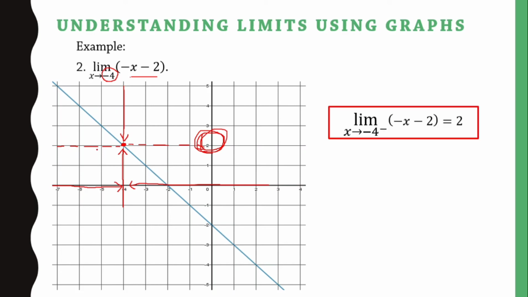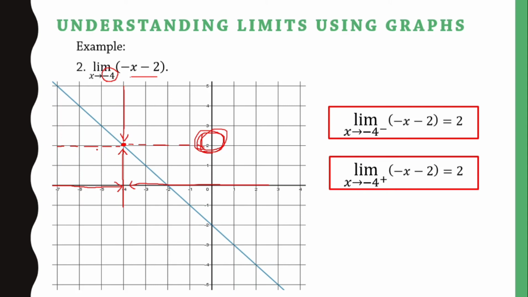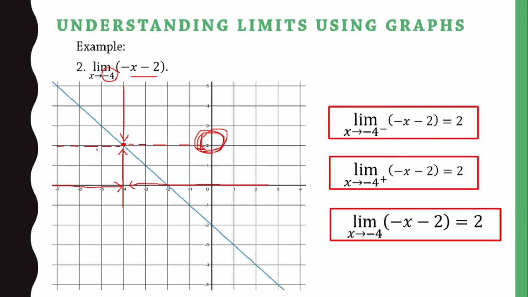So we say, as the value of x approaches negative 4, the values from the left and from the right both approach positive 2. Therefore, the limit of negative x minus 2 as x approaches negative 4 is 2.